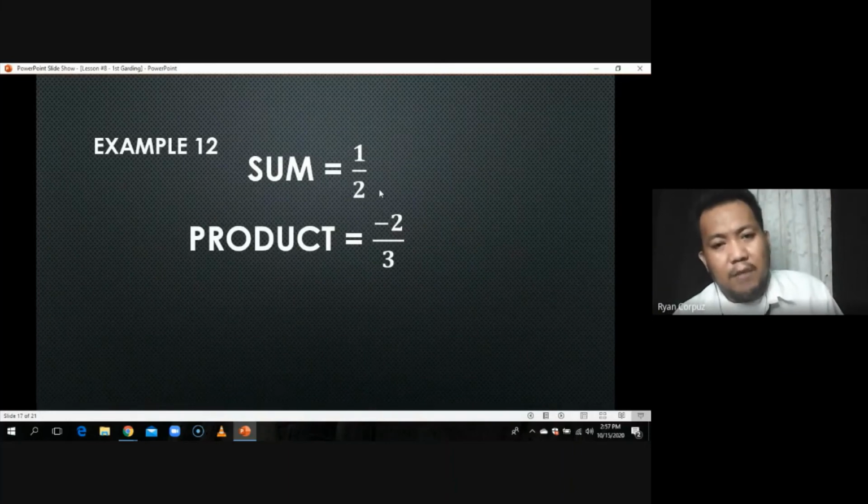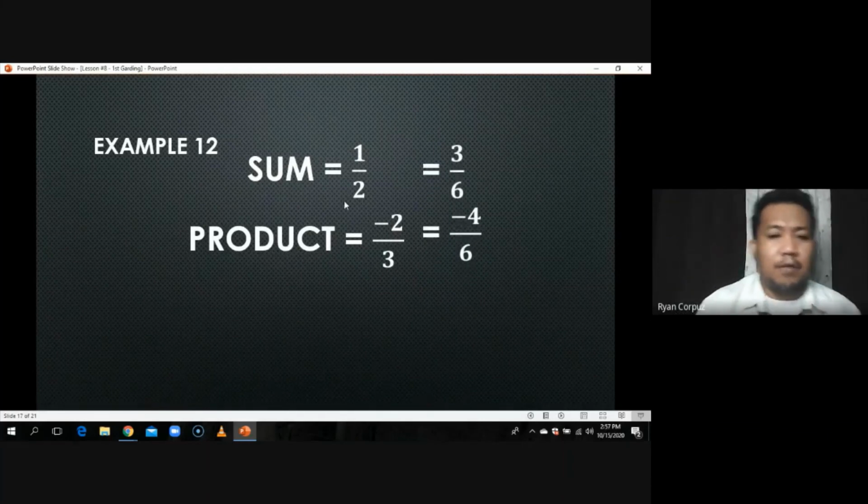This time the denominator of the sum is 2 while the product is 3. So what we are going to do is to transform them first into similar fractions by getting the LCD. Between 2 and 3, just multiply them to find the LCD. The LCD is 6.